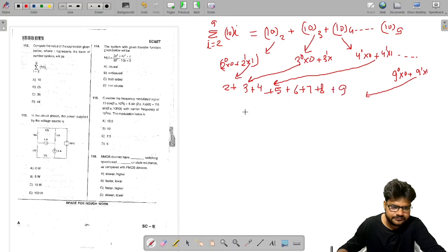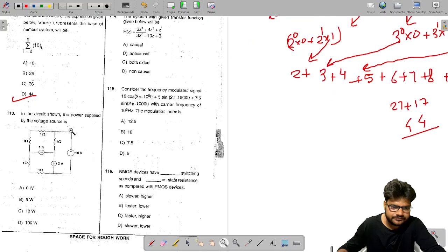So we add up: 2, 3 gives 5, 5 and 4 gives 9, 9 and 5 gives 14, 14 and 6 gives 20, 20 and 7 gives 27, 27 plus 8 gives 35, plus 9 gives 44. So the correct option is D.